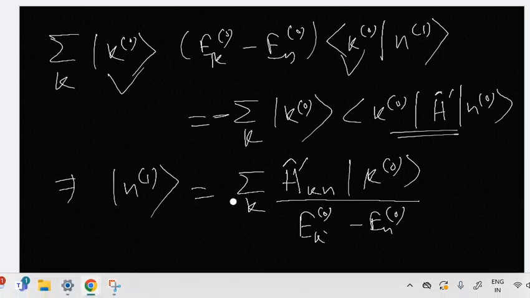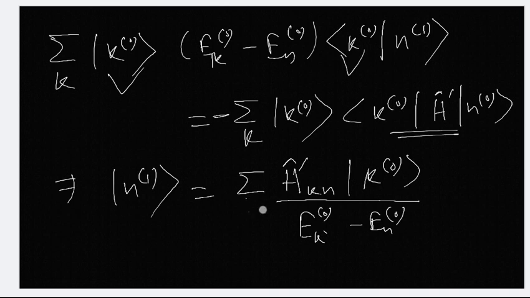And of course, here you have to apply the constraint k not equal to n, because if you apply k equal to n, then those terms will blow up. So this is the correction in the first order, the first order correction in the state spectrum of the system.